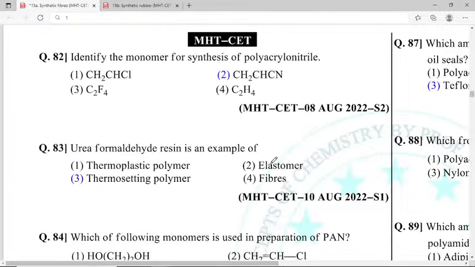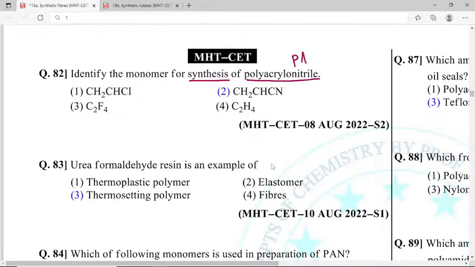Next question. Identify the monomer for synthesis of polyacrylonitrile. This is also called PAN, polyacrylonitrile, and the monomer is CH2=CH-CN. CN stands for cyanide.